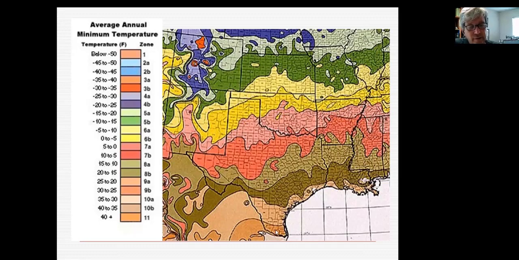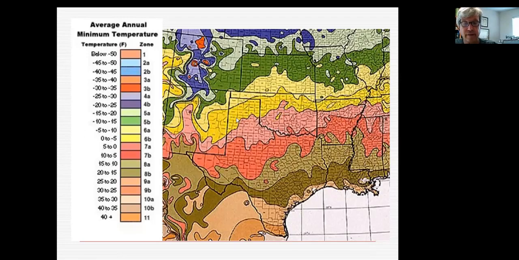So again, that's 9. There's 8B, 8A, 7B, 7A, 6B, 6A up here in the north corner of Texas. Okay, so it's a little colder there than even down in this section.